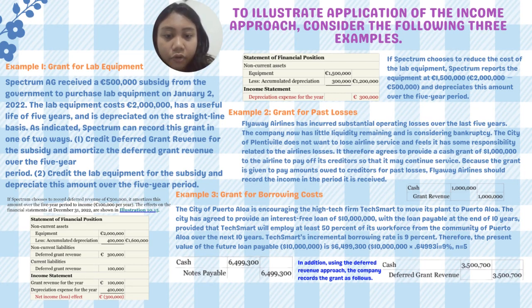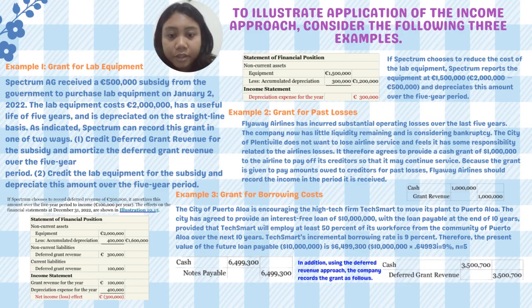The city has agreed to provide an interest-free loan of $10 million, with the loan payable at the end of 10 years, provided the company will employ at least 50% of its workforce from the community of Puerto Aloha over the next 10 years. TechSmart's incremental borrowing rate is 9%.